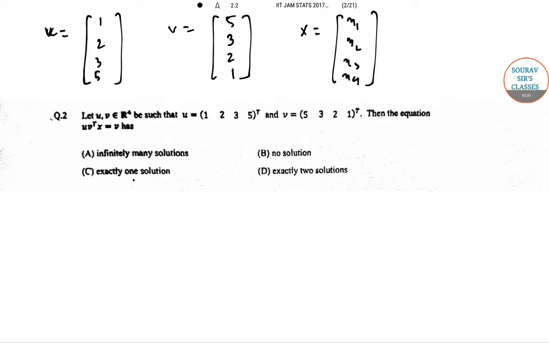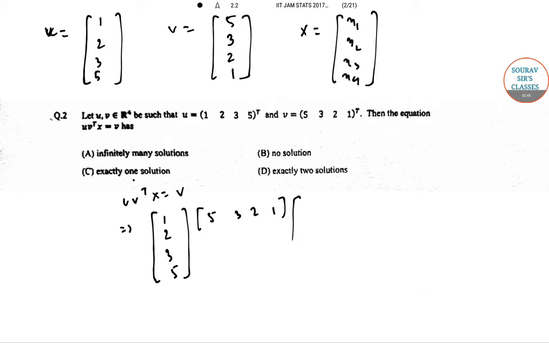So U V transpose X is equal to V. That is the column [1 2 3 5] times the row [5 3 2 1], times [x1 x2 x3 x4], is equal to [5 3 2 1].